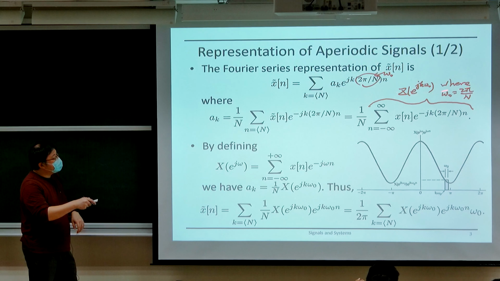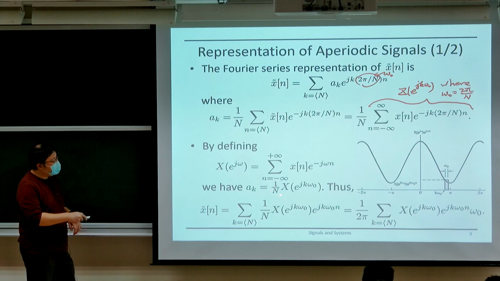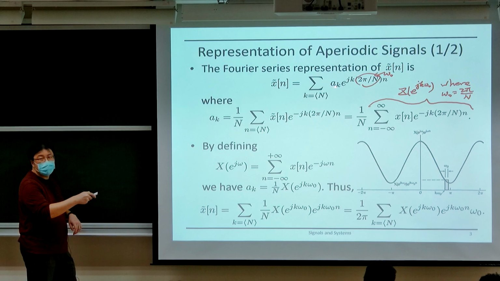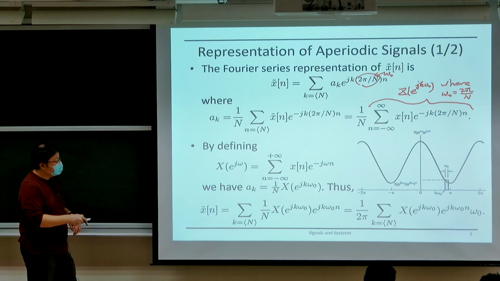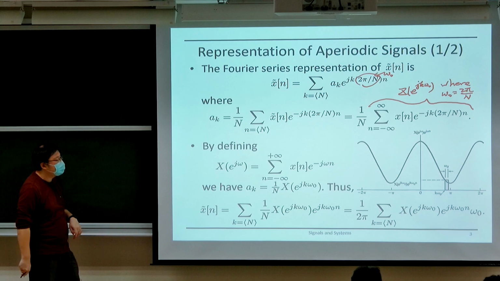So using this concise representation, I can now represent a_k as 1 over N times capital X of e to the j k omega naught, and then substituting it back into the Fourier series representation, I will get this expression here.